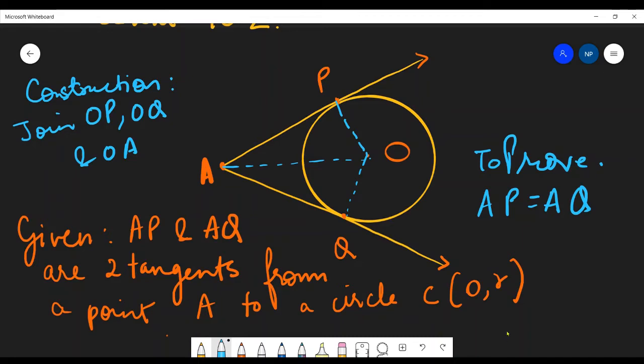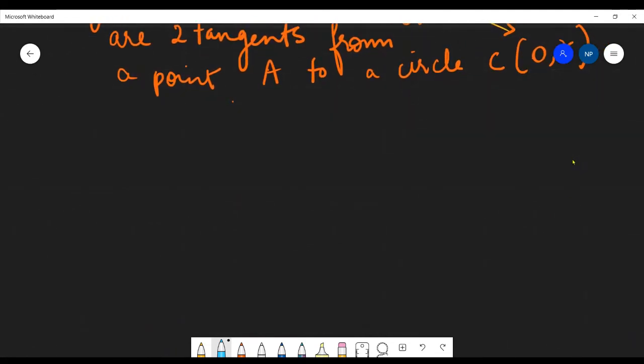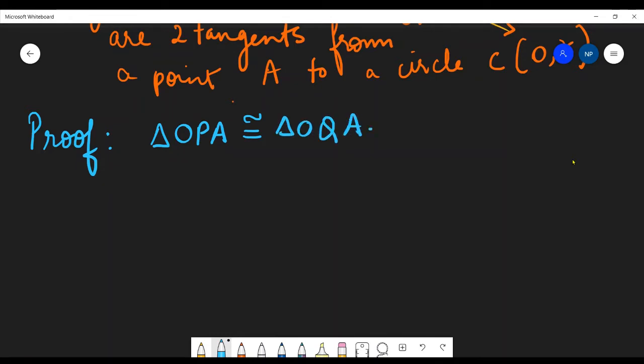Then let us come to the proof part. So here is the proof. In order to prove that AP is equal to AQ, we will first prove that triangle OPA is congruent to triangle OQA. Here we are going to bring in the congruency. Now we know that a tangent at any point of a circle is perpendicular to the radius through the point of contact.